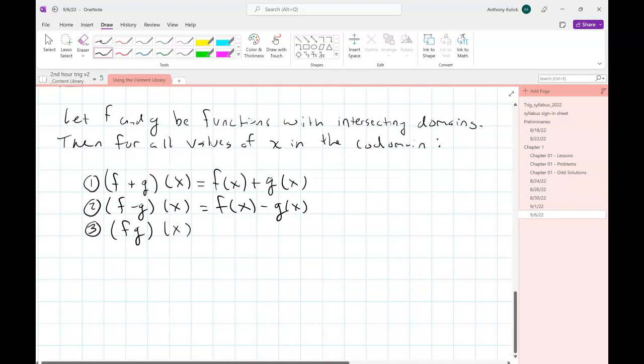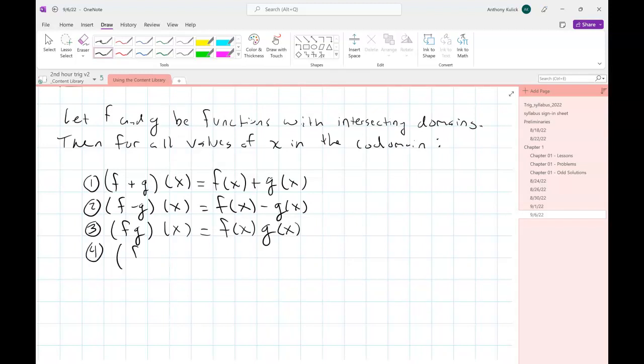The product of two functions would be f of x times g of x. And the quotient of two functions would be f of x divided by g of x, provided that g of x is non-zero. So I think all of that is working just the way we would hope things would work.